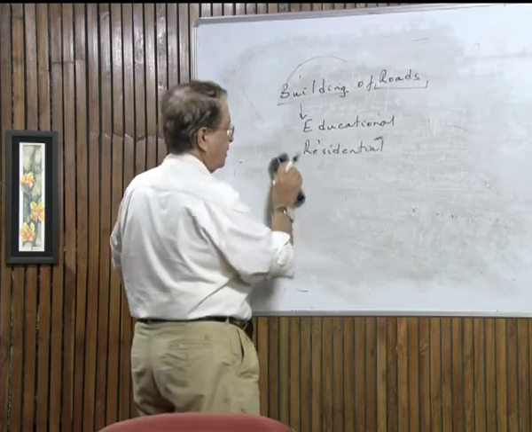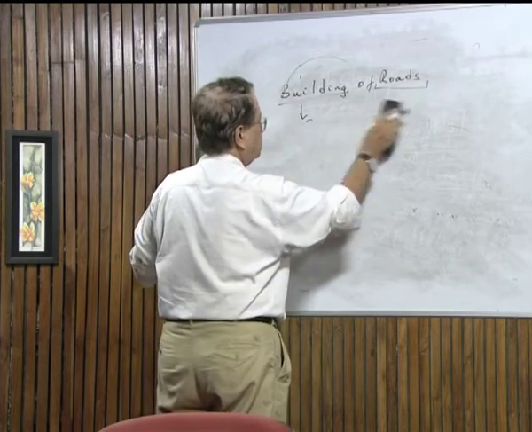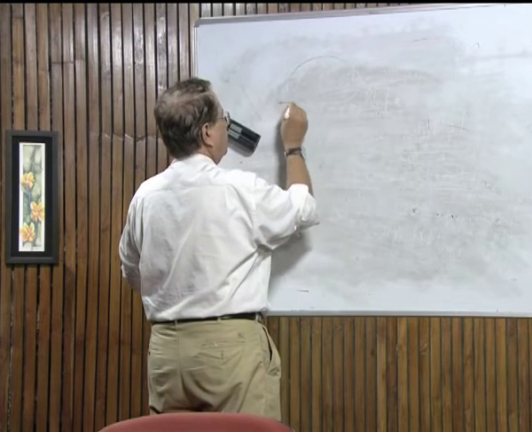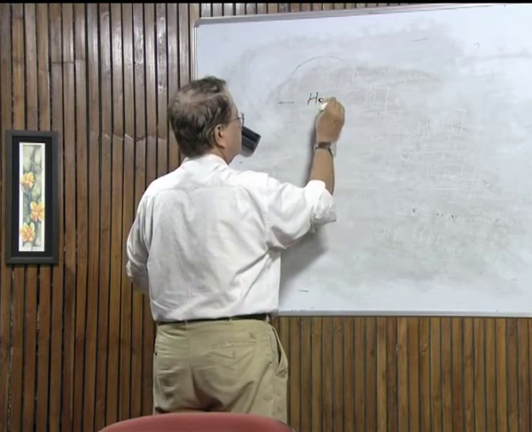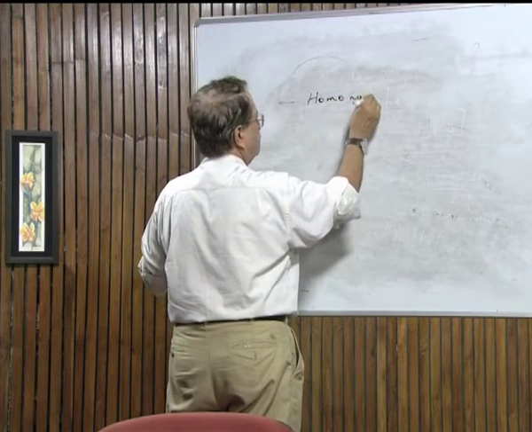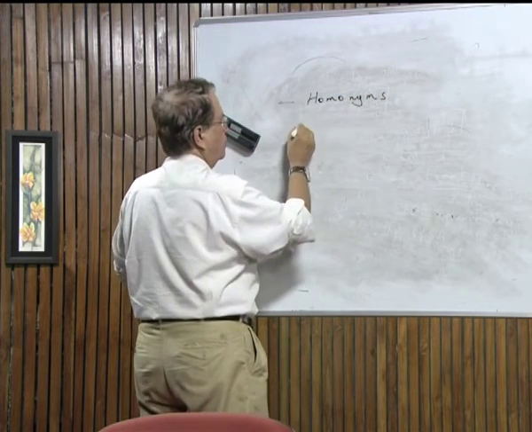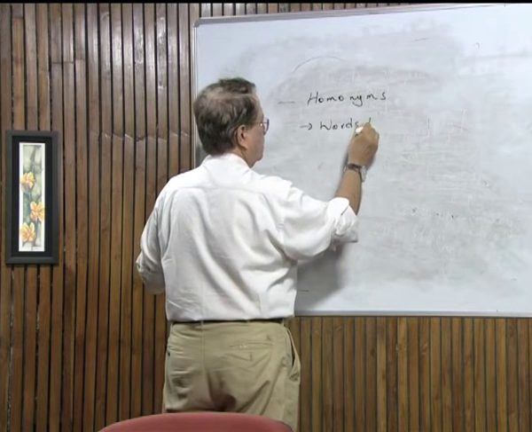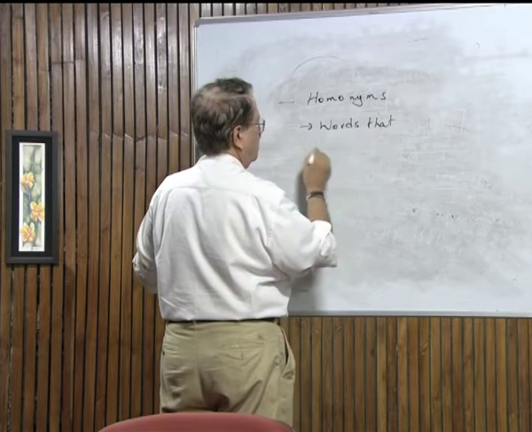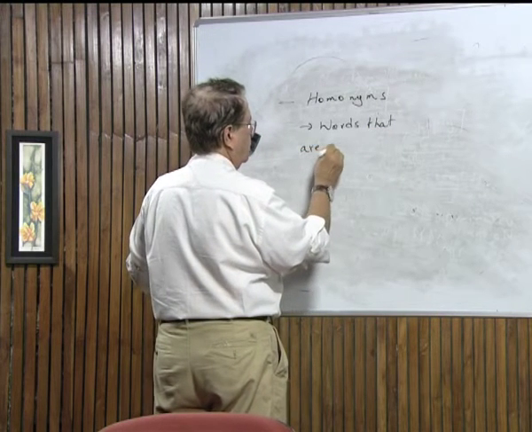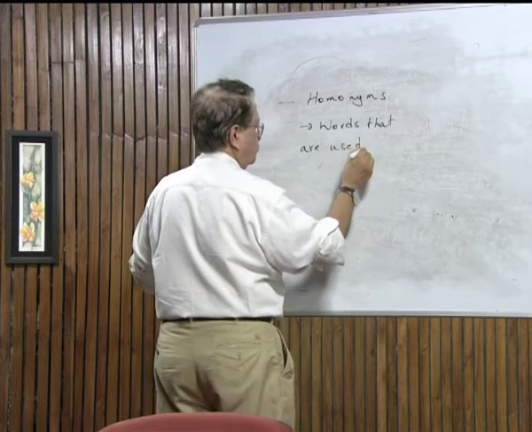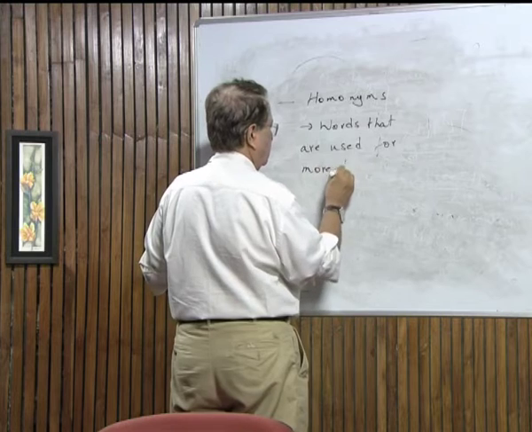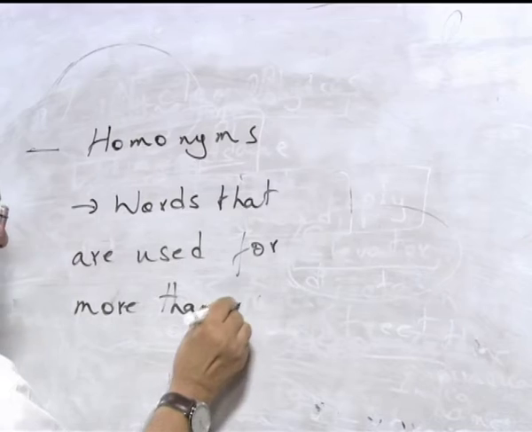Then another problem that we have, which also has to be taken into account, is what we call homonyms. Homonyms are what? Words that are used for more than one concept.